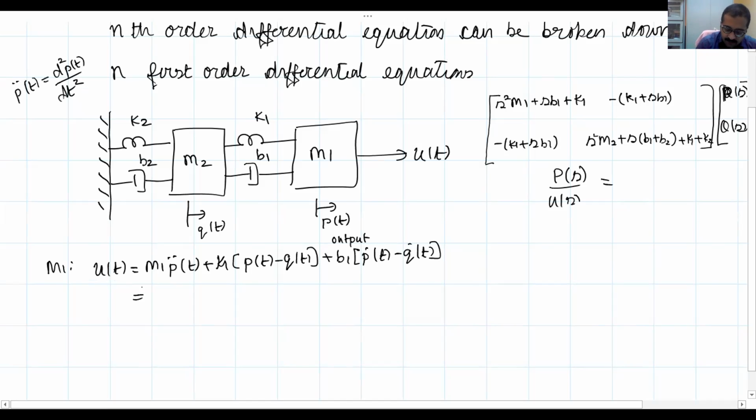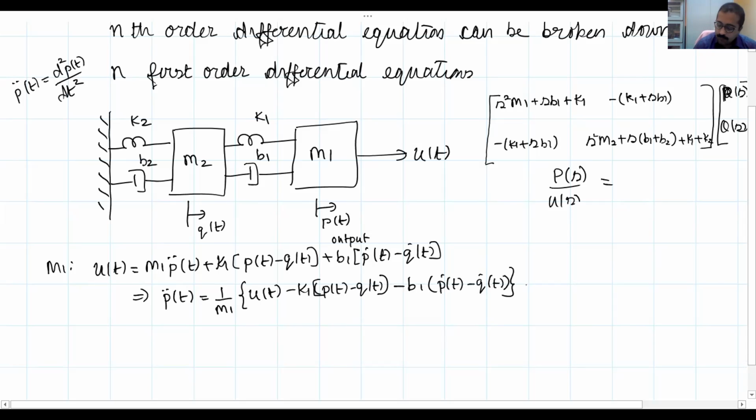Or from here I will get P double dot t as 1 by M1 into U of t minus K1 into P of t minus Q of t minus B1 into P dot t minus Q dot t. This is equation 1.